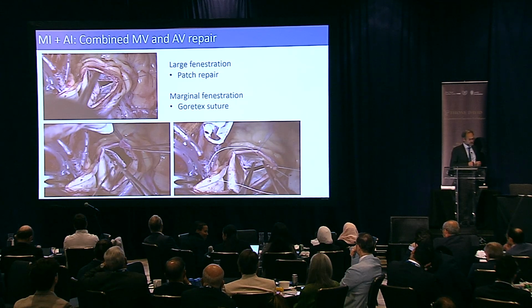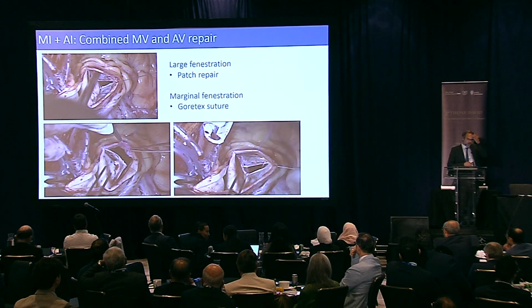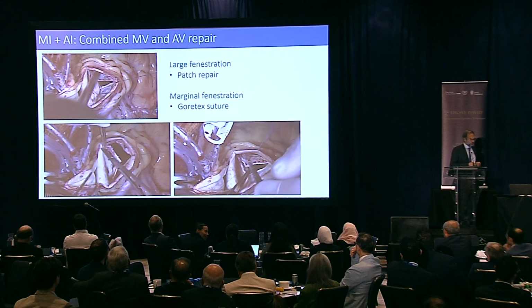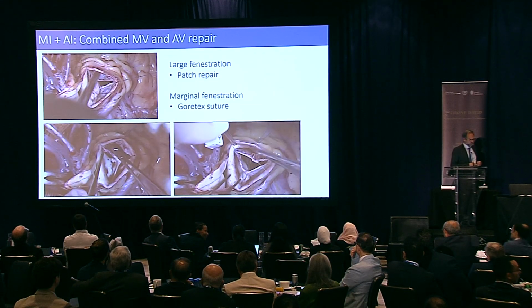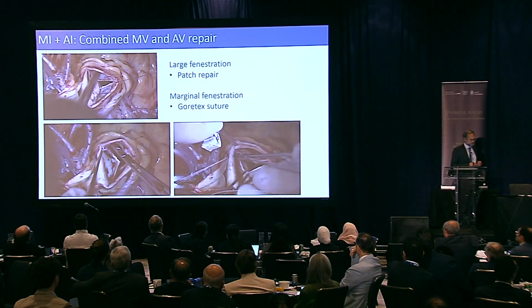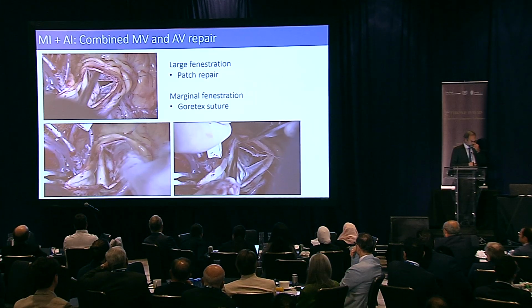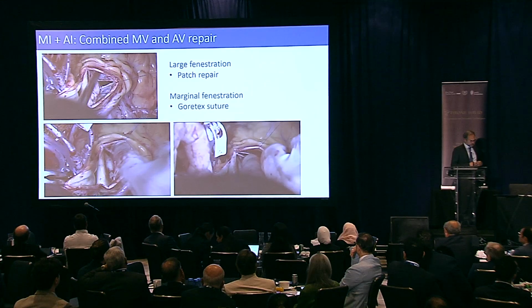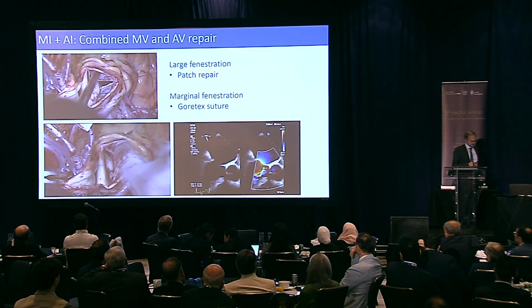So we combine again the 2 techniques, a patch, here an autologous untreated patch closed the fenestration, and the Gore-Tex was used to reinforce the right coronary cusp. And this is the final result.